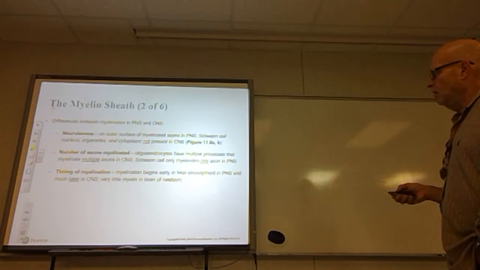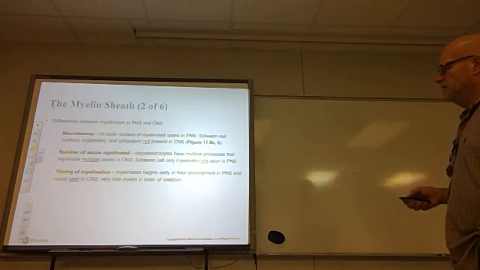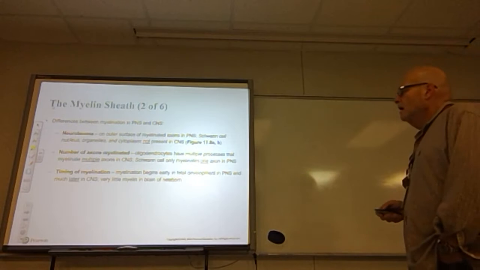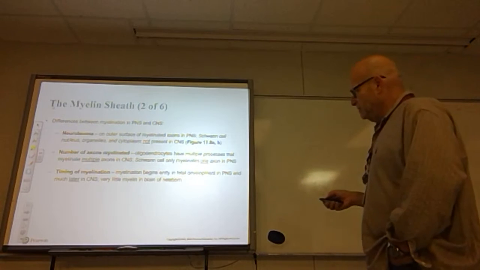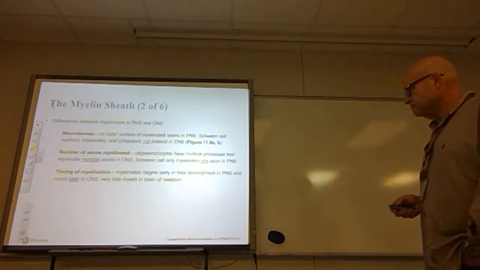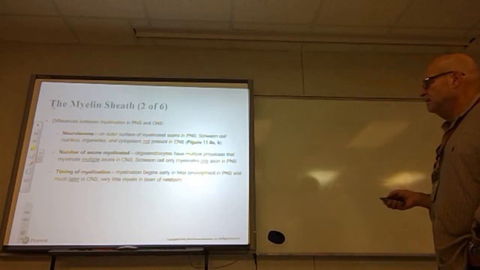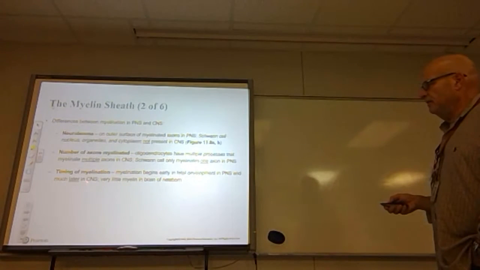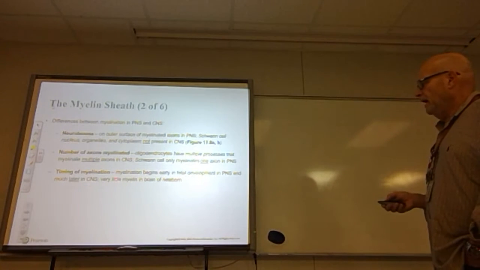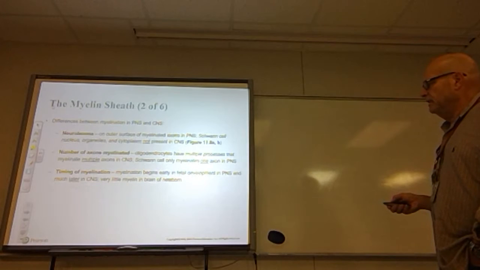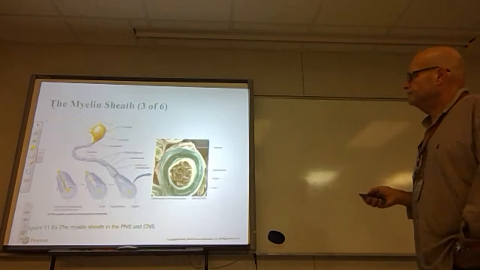A Schwann cell only myelinates one axon in the peripheral nervous system. Timing: myelination begins early in fetal development in the peripheral nervous system, much later in the central nervous system, and there is very little myelination in the brain of a newborn.